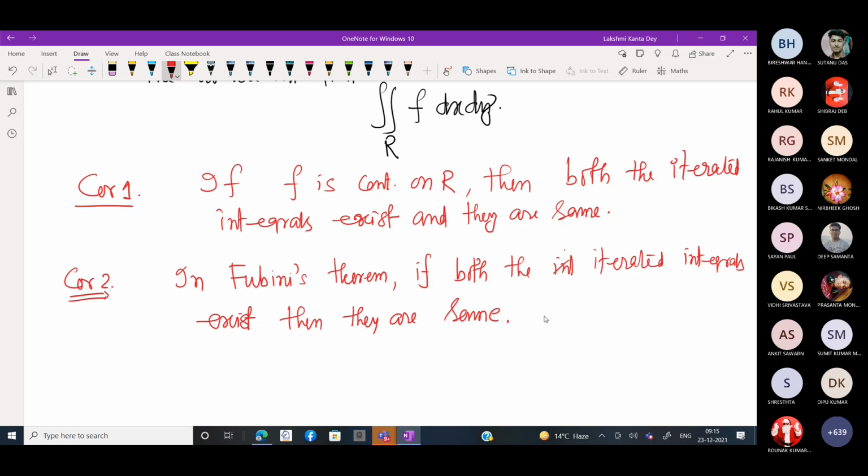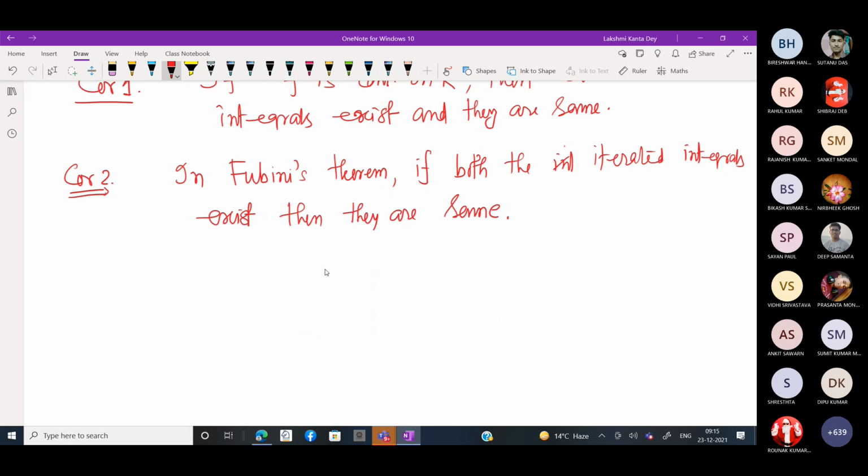If I take one example here, x to the power y on [0, 1] cross [0, 1], then if I do the integral from 0 to 1, 0 to 1 of x to the power y dx dy, or the integral of x to the power y dy dx, then both the iterated integrals do exist.